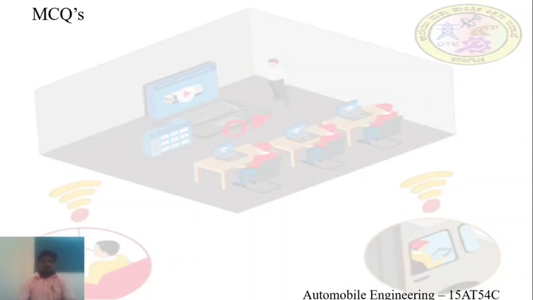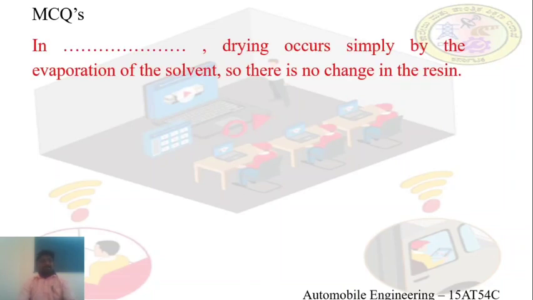Regarding the MCQ on this topic, the first question is: in dash drying, drying occurs simply by the evaporation of the solvent, so there is no change in the resin. You need to identify the type of drying method.